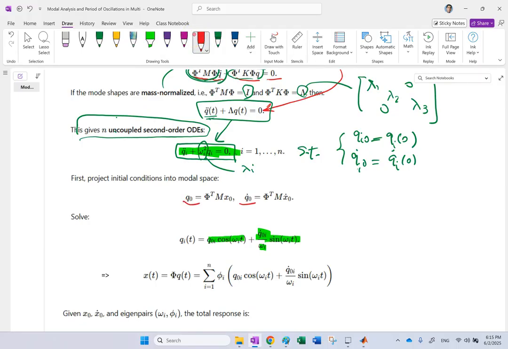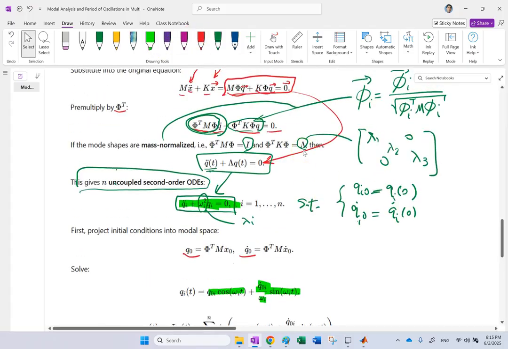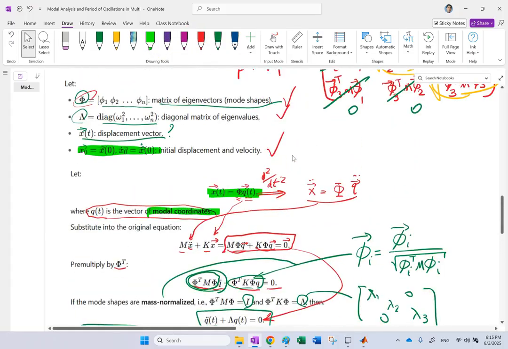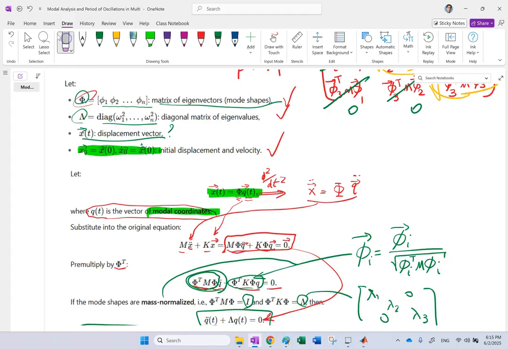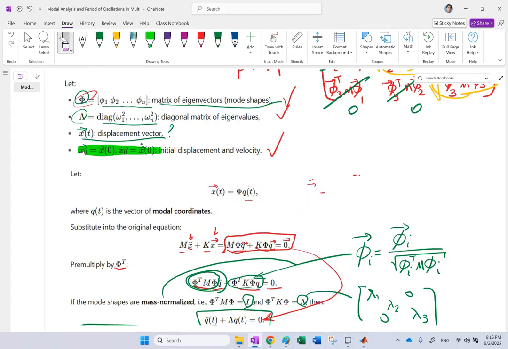And the answer is very easy. All you need is to find them from their transformation equation. What was your transformation equation? Well, that was this guy. X was phi times Q. So from here, what is Q? So from here, you see that Q is, to get that, the best way to do it is I multiply both sides by M, then I multiply both sides by phi transpose.